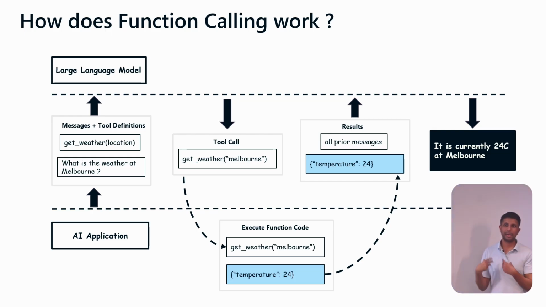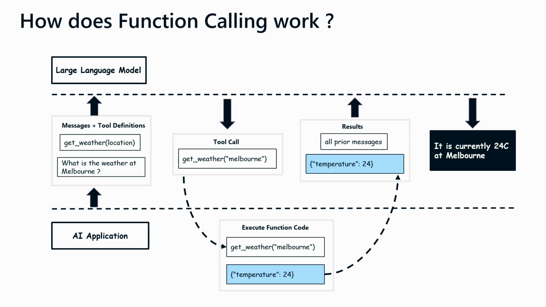So it would request a tool execution, and it knows that the question is about the weather in Melbourne. So that's your parameter value, and your AI application will execute the call, and it will send the response along with the previous message, and then the model finally comes back with a human response which is more clear.